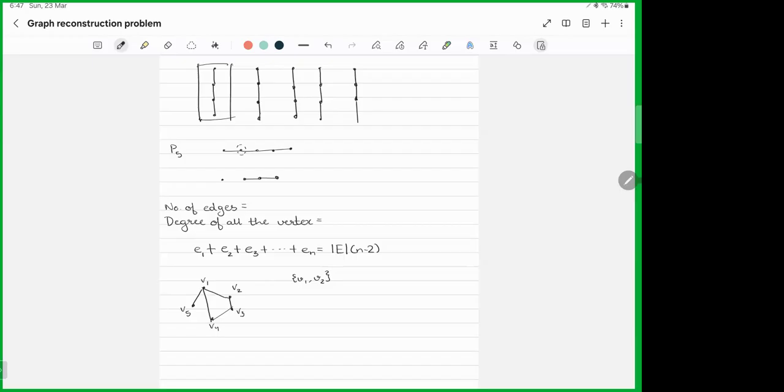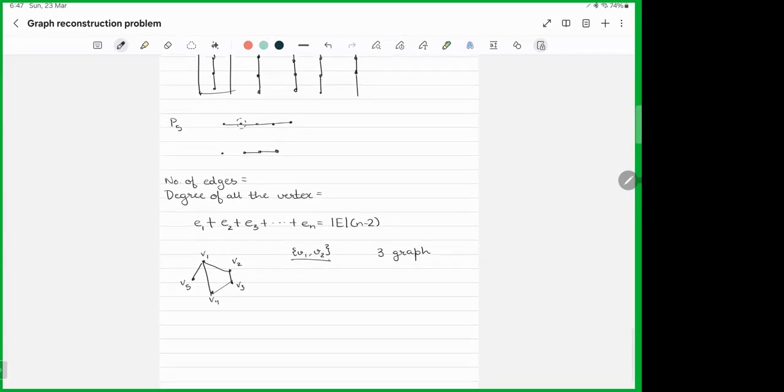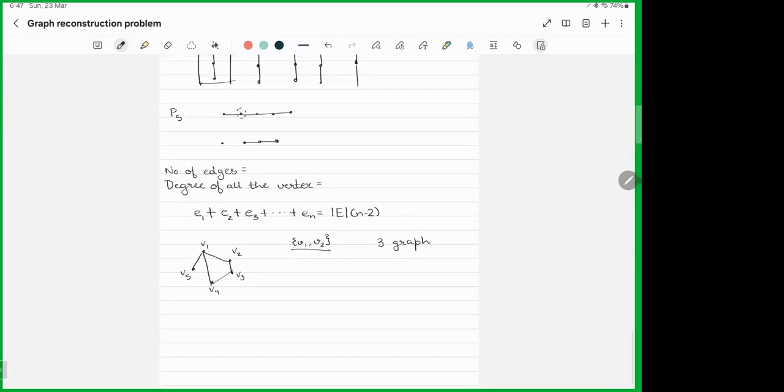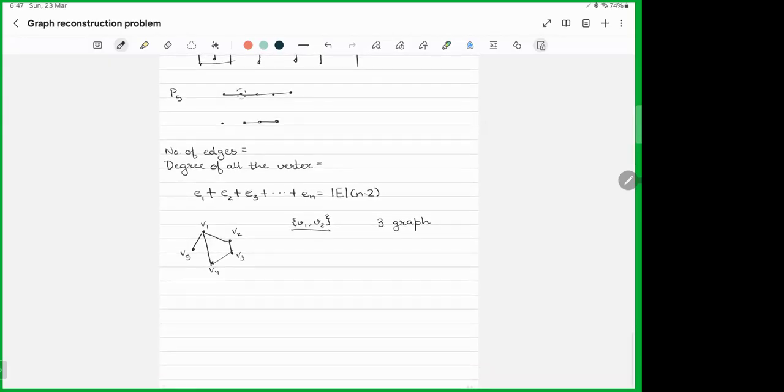The graph I get by deleting V1 won't contain this edge, and the graph I get by deleting V2 also won't contain the edge V1V2. All the remaining n minus 2 graphs contain this particular edge. So if we take the sum over all the edges, I get n minus 2 times the number of edges. Everyone is fine with that, we can find the number of edges of the graph.